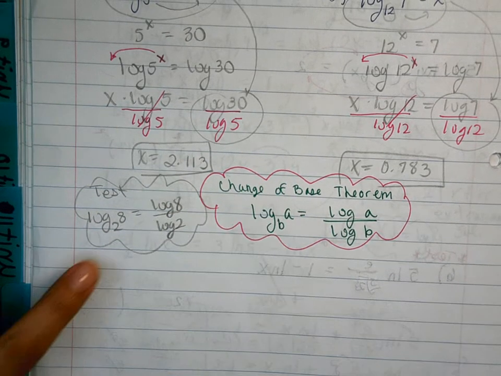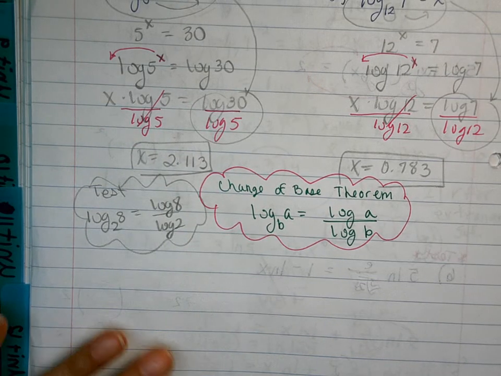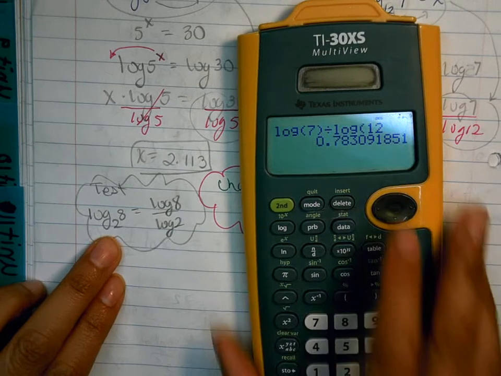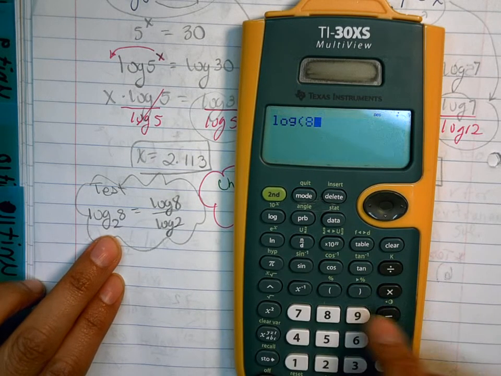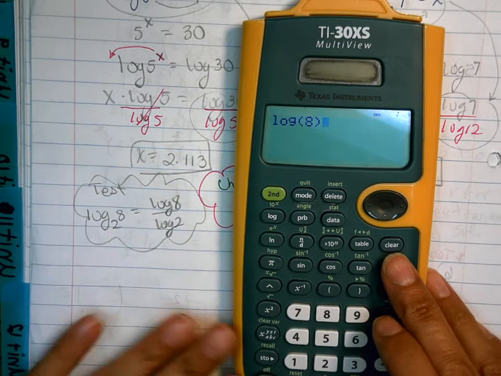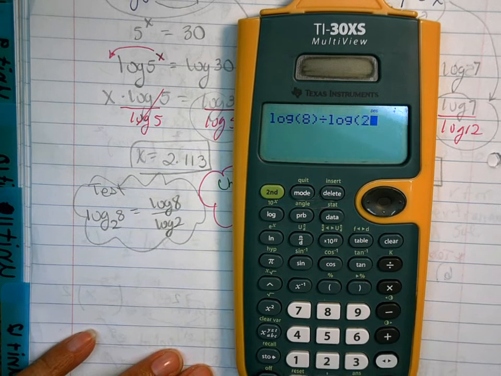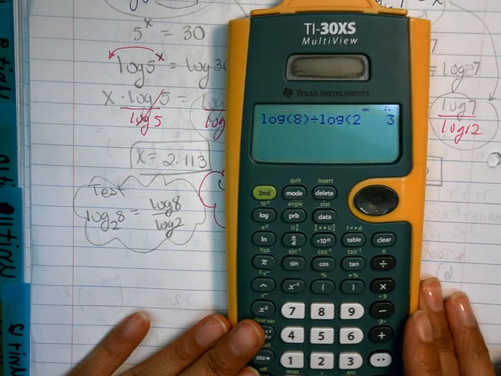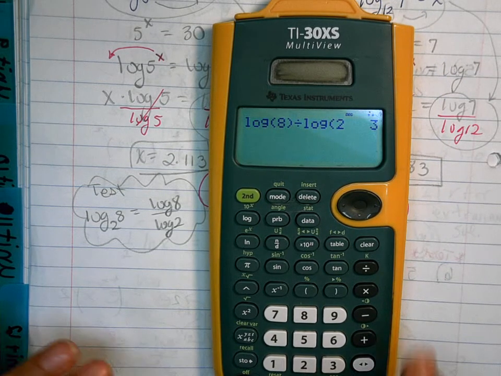Right now you're not going to have them this easy. Right now we're just testing that this change of base works. So let's test it. We know the answer should be 3. We're going to test log of 8, close parentheses, divide, plug it in your calculator as well, divide log of 2, and sure enough, it does come out to be 3. All right, so the change of base theorem truly does work.